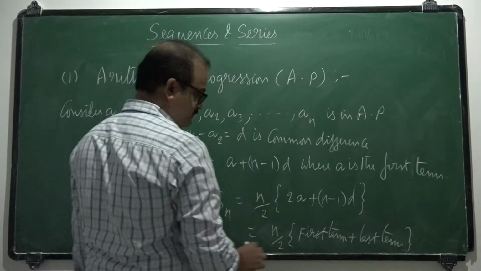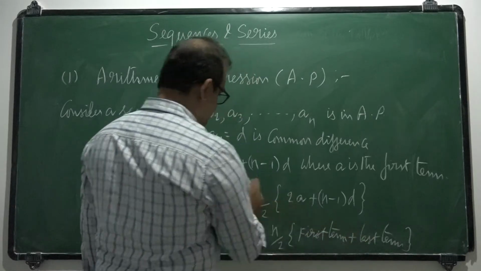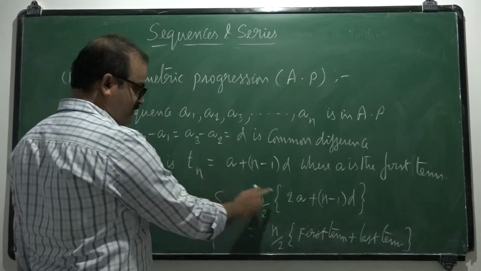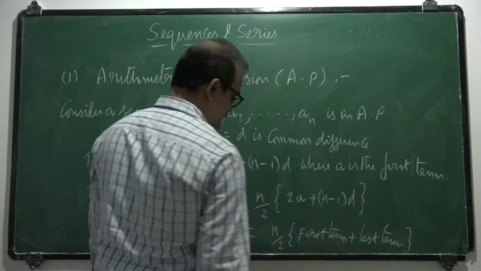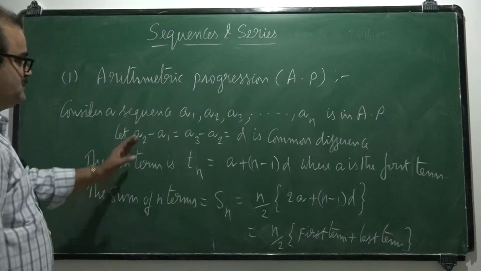These two are same. Here first term is A, last term is nth term A plus n minus 1 into D. On adding we get 2a plus n minus 1 into D. Okay, this is about arithmetic progression.